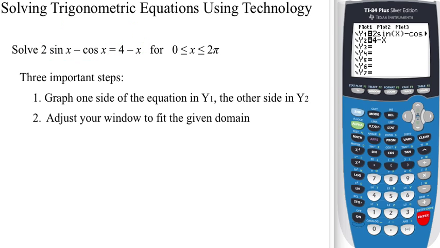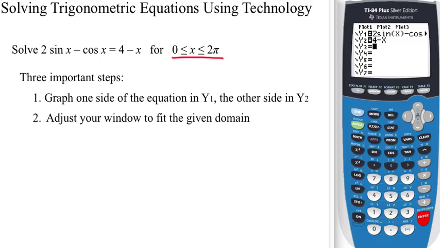Now, the next thing I need to think about is, what is my domain? In this case, I'm given a pretty clear domain. I don't have to really think about what it is. It's right there. My domain is all x values between 0 and 2 pi. All right?